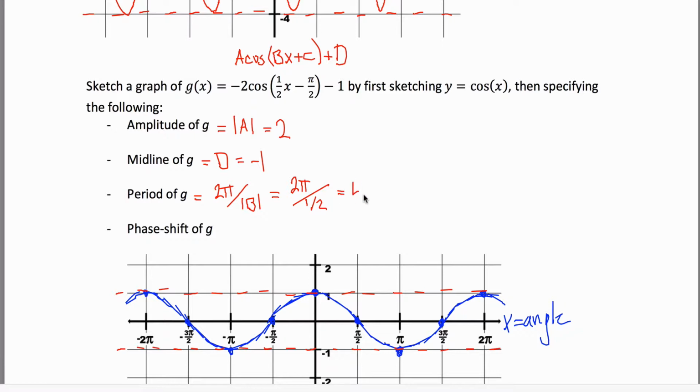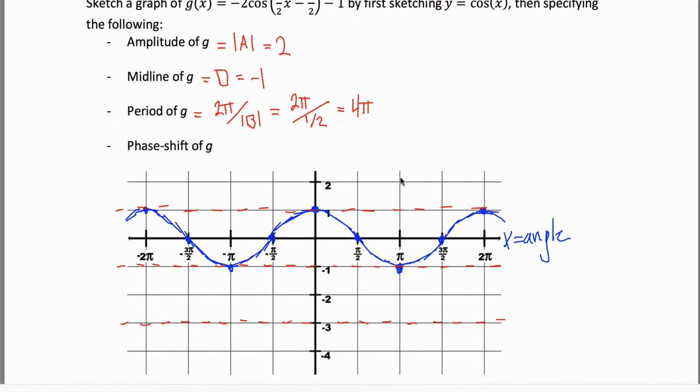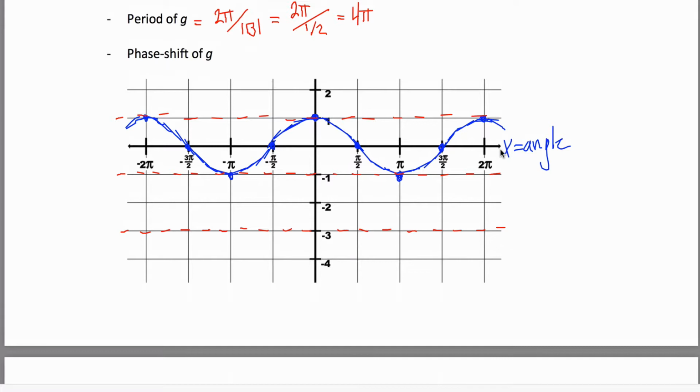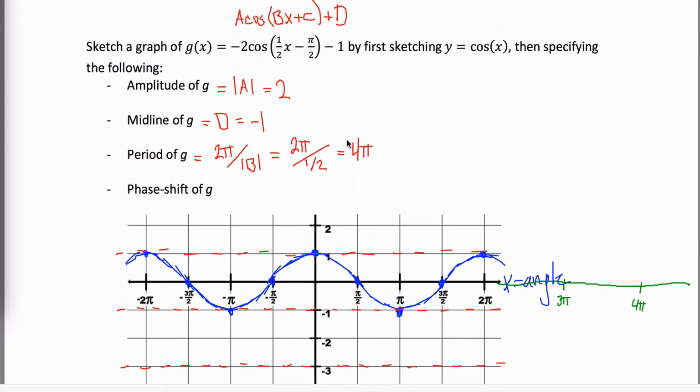That's 4 pi. So it's going to take 4 pi before this thing repeats. I think I'm going to extend my graph a little bit so that you'll be able to see that repetition, even if it gets a little bit ugly. So there's pi, 2 pi, maybe this is 3 pi here, and this is 4 pi out here, and 5 pi, whatever. All right. So the period is 4 pi.